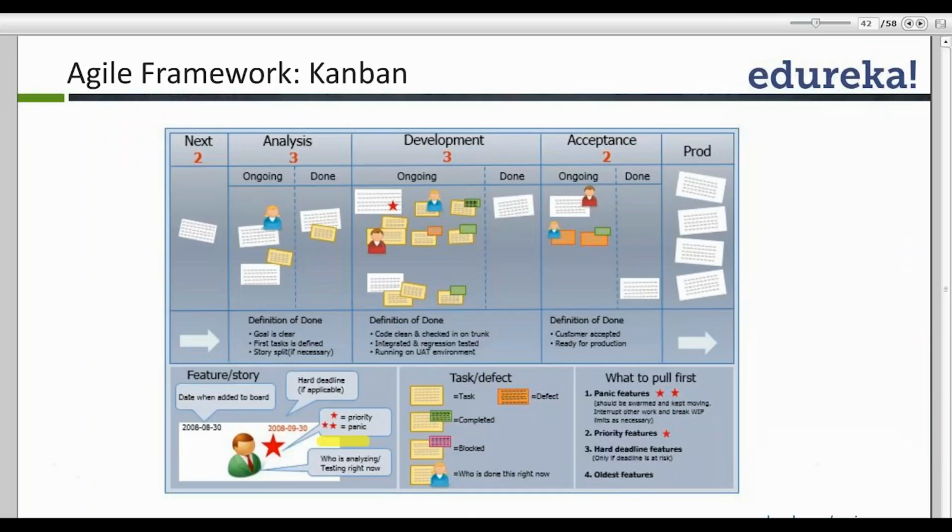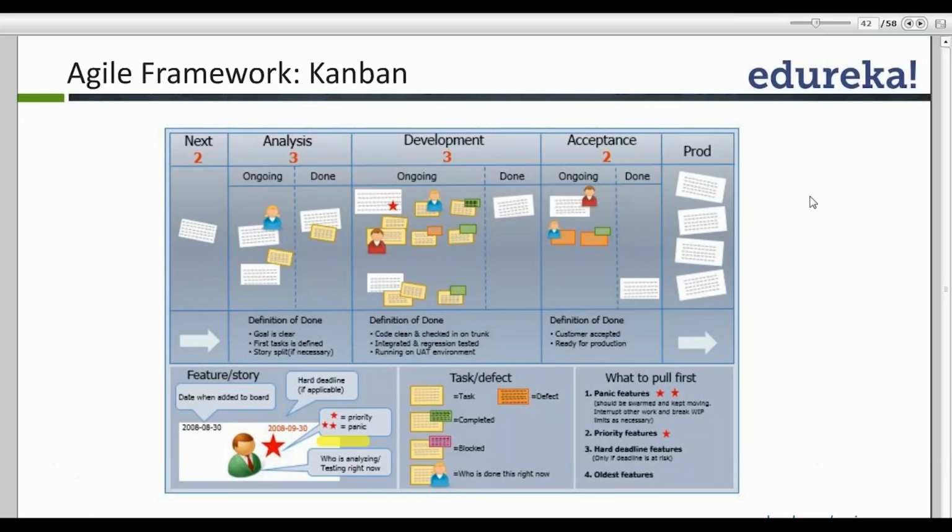For example, I have the analysis, then I have the development area, then the acceptance area, and finally it moves into production. Now every section has what is called a WIP limit, or work in progress limit.